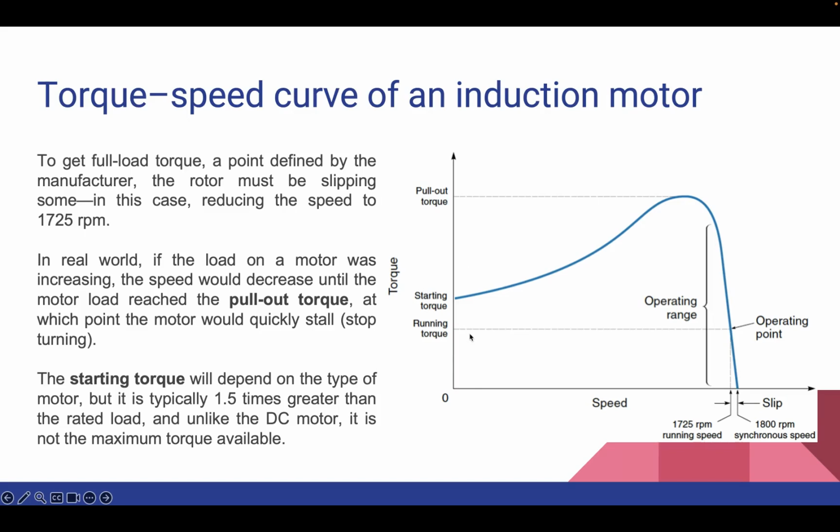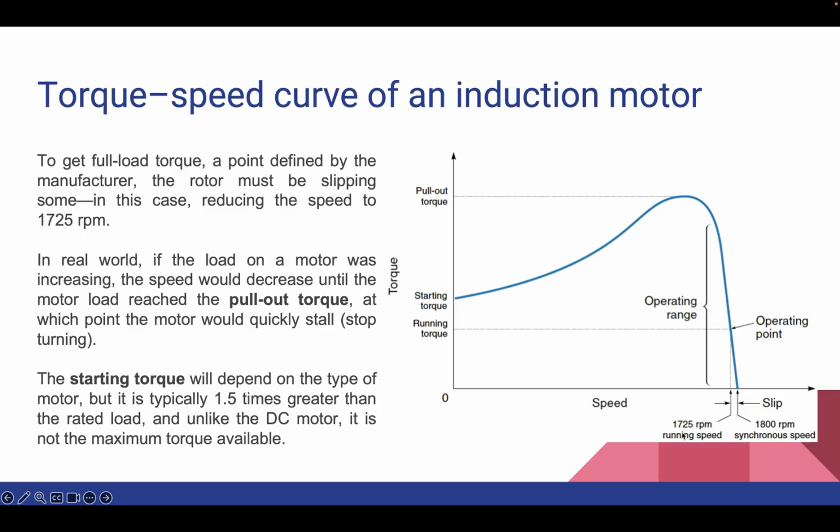The maximum possible speed is 1800 RPM for this particular graph, which is the speed of the rotating stator field, the synchronous speed. However, there is no torque at this speed because the motor needs some slip to operate. To get the full load torque, a point defined by the manufacturer, the rotor must be slipping some. In this case, it is slipping at the reduced speed of 1725 RPM.